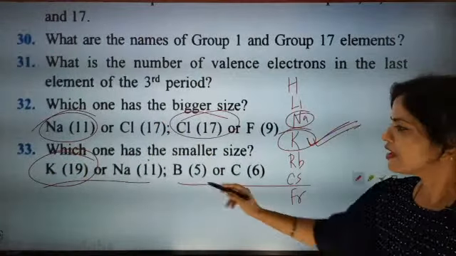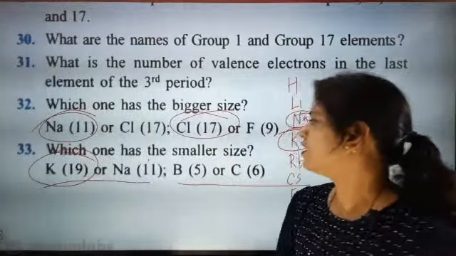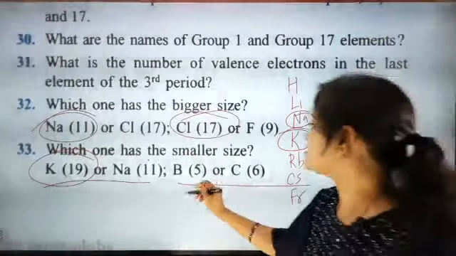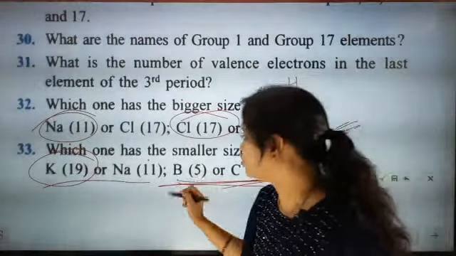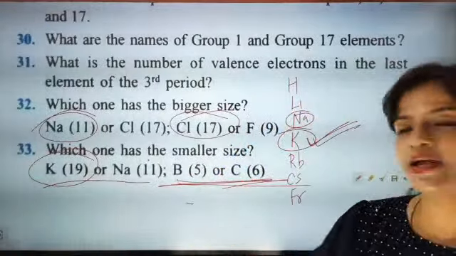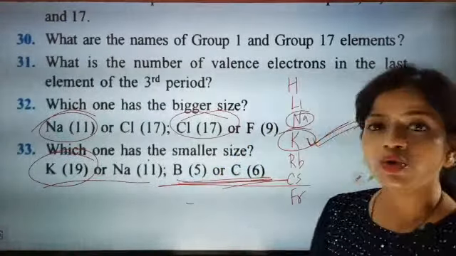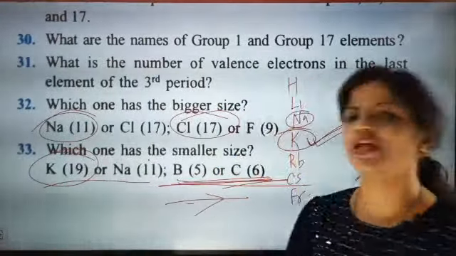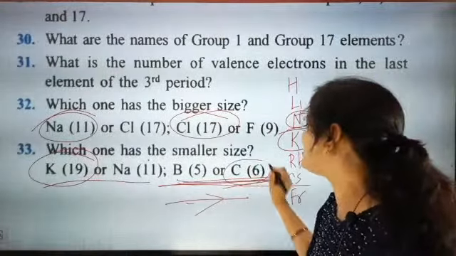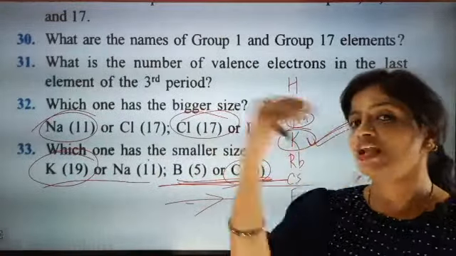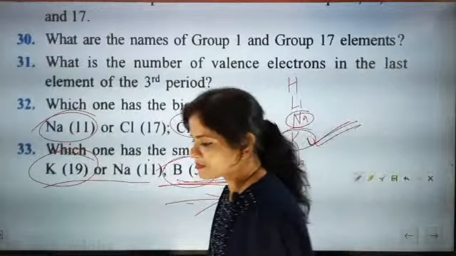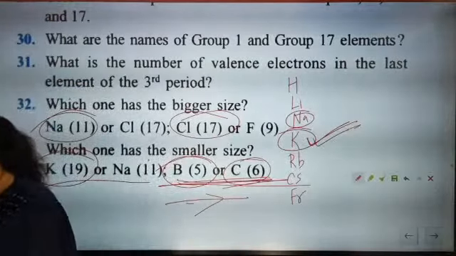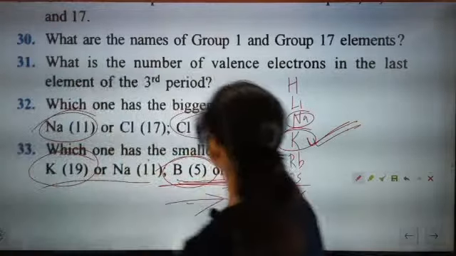Now here B and C. Now it is comparing with period. When you go from left to right in a period, the one on the left side will have a bigger structure.